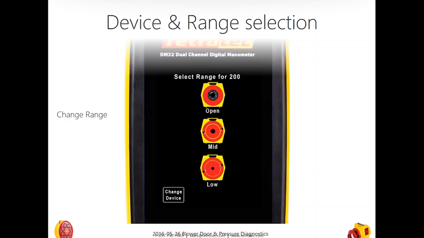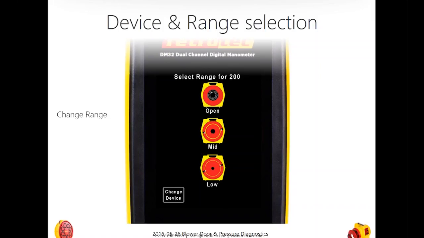However, this is a pressure-sensitive screen because Colin, Genge, and Retrotec thought there's probably guys who are working where they might have gloves on or they might not want to smear, so they might be using a device to touch the screen. So it's pressure-sensitive. But all you really have to do if you want to change the range is just touch the screen. If I want to change the configuration, I touch that. And that's easy. It's really as simple as that.